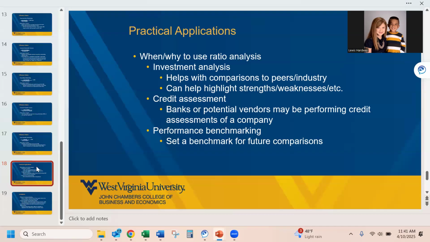Credit assessment, that could be a couple different things. Normally, a lot of times, I immediately think of banks and debt notes. But it could also be vendors. You're a customer of theirs, and they have to confirm your credit status before they'll accept you as a customer. Well, they may be doing this kind of analysis too.